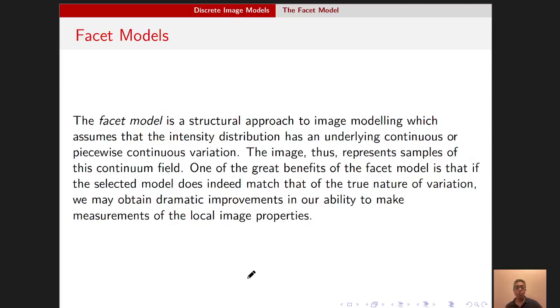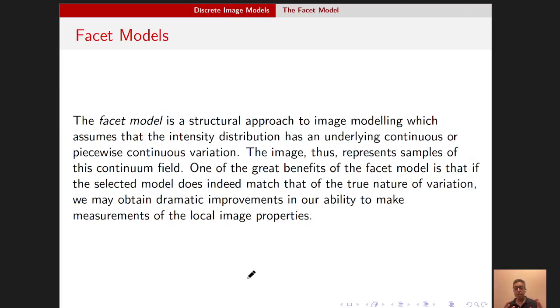The model could be something as simple as a linear model that describes the change in intensity as a function of positional change across the plane of the image in one direction and across the plane of the image in the other direction.